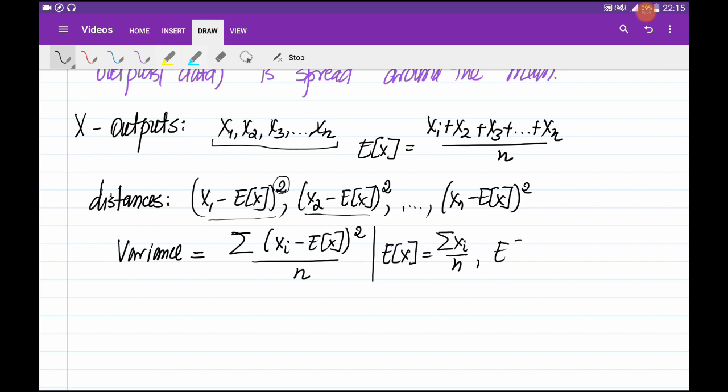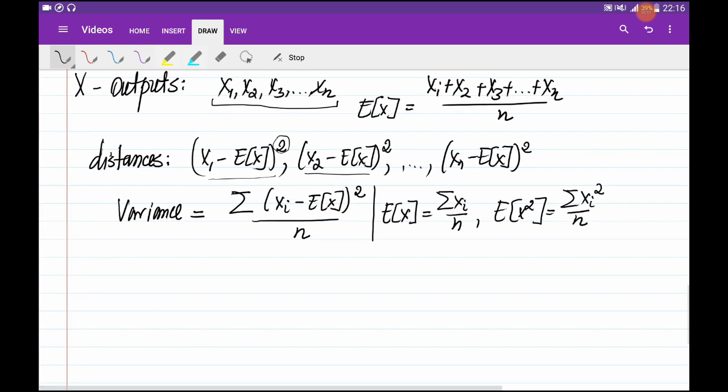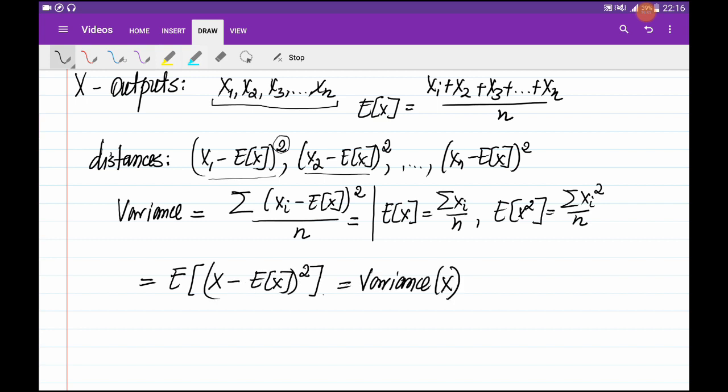The expectation of x squared is the summation of xi squared over n. So what is the summation of (xi minus mean) squared over n? This is equal to the expectation of (x minus the expectation of x) squared. So this is how we would like to define the variance.